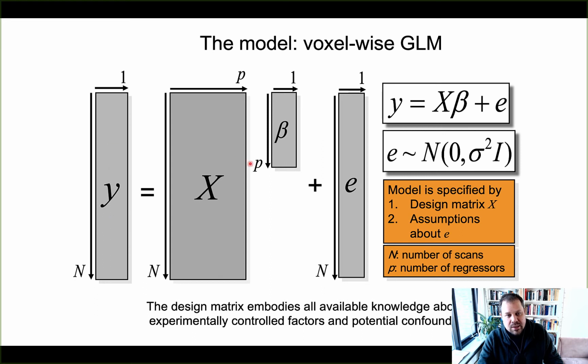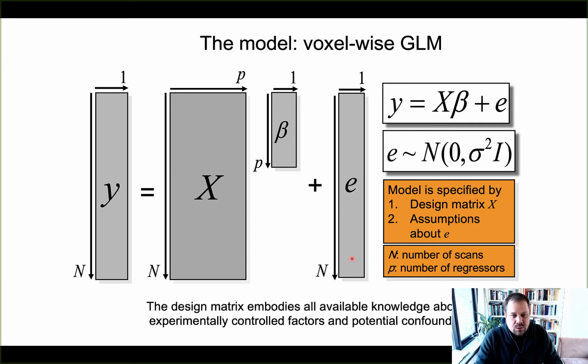What the model then does is it estimates the beta parameters for each one of these regressors, x sub 1 to x sub p, and it estimates an error term using linear least squares approaches. So that's our cost function, right? The least squares type cost function.